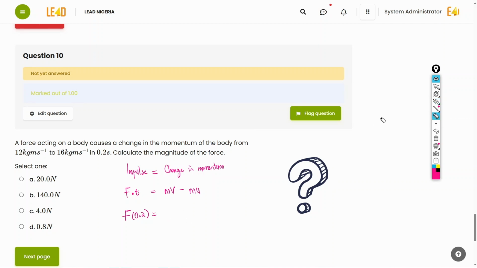So that's 16 minus 12. This is the final momentum minus the initial momentum. So 0.2 times F is equal to 4. So F would be equal to 4 divided by 0.2, which is the same thing as 4 times 5, which is 20. So that's 20 newtons. That's option A.